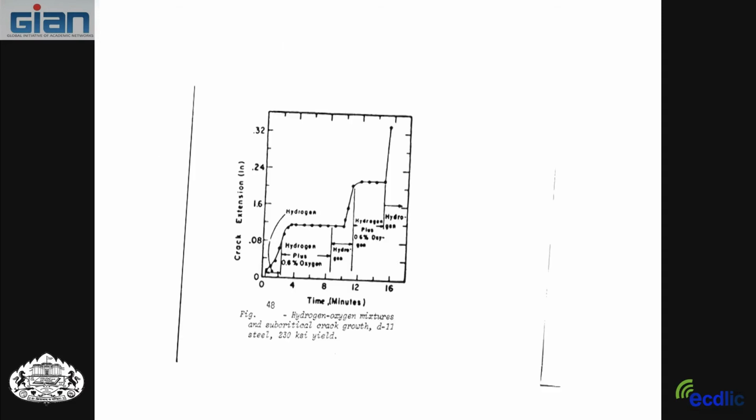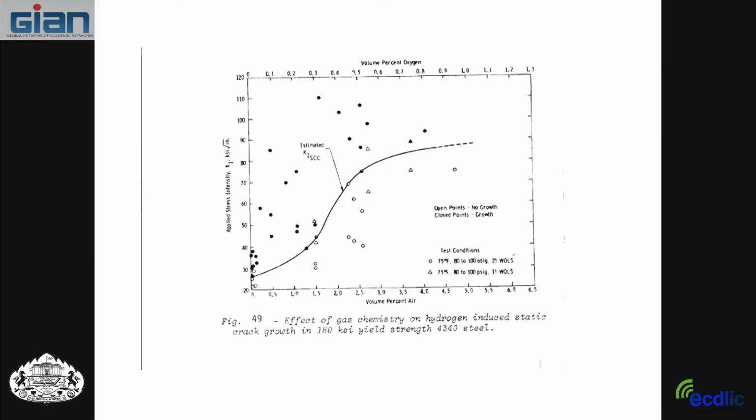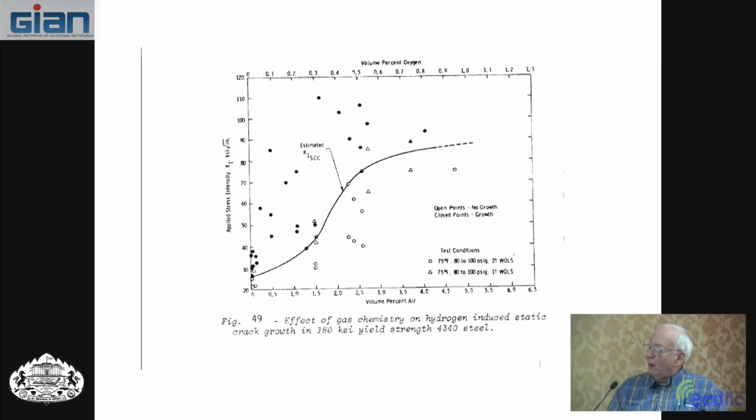Now, I showed you this one, you might not remember, but if you have pure hydrogen, cracks grow in high strength steel. If you put a little bit of oxygen in, it stops the growth. Same thing here. Here is a kind of dividing line. If you have hydrogen gas that's very pure, these solid points are points that would grow the crack.